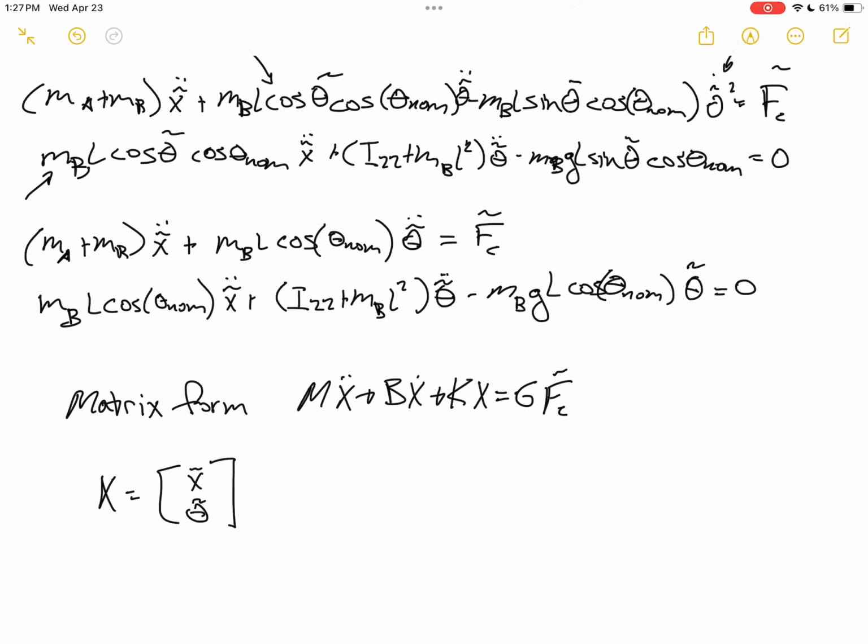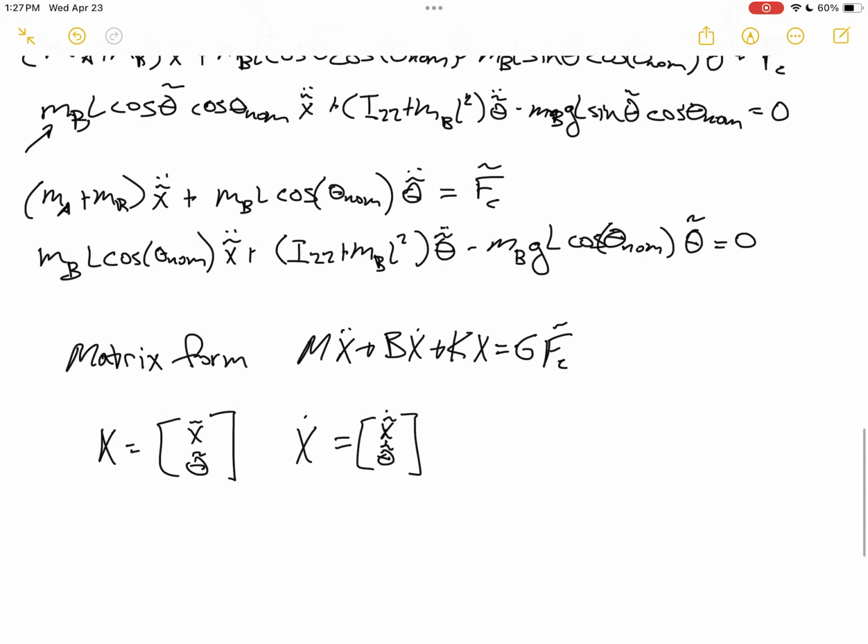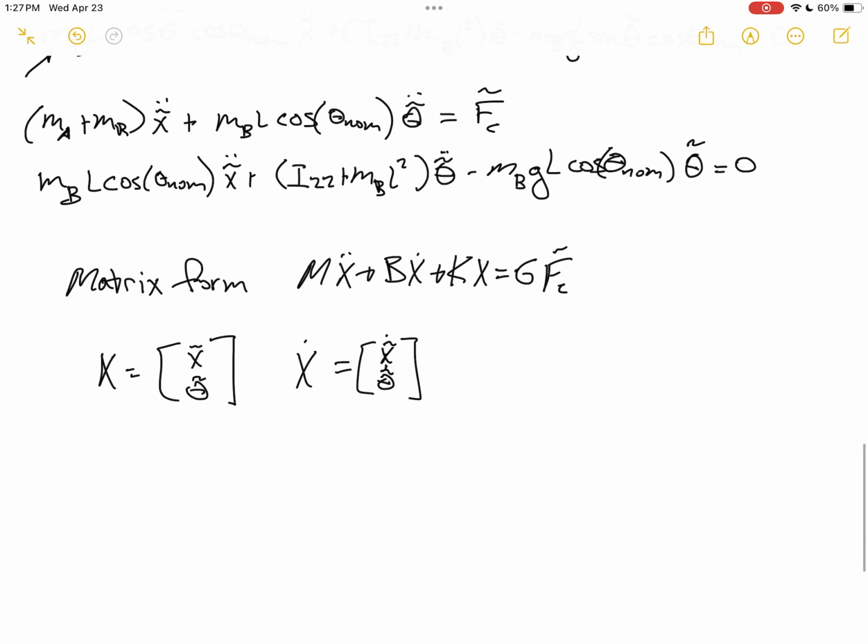And that means that the vector x dot is equal to x tilde dot and theta tilde dot. And same thing for x double dot.